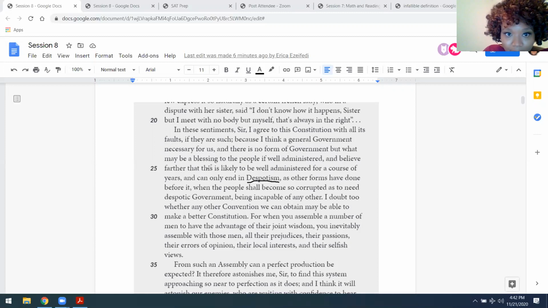And believe farther that this is likely to be well administered for a course of years and can only end in despotism, as other forms have done before it, when the people shall become so corrupted as to need despotic government, being incapable of any other. So right here, if we don't know what despot means, we know that it's bad because you need it when people are so corrupted. It says as to need despotic government.